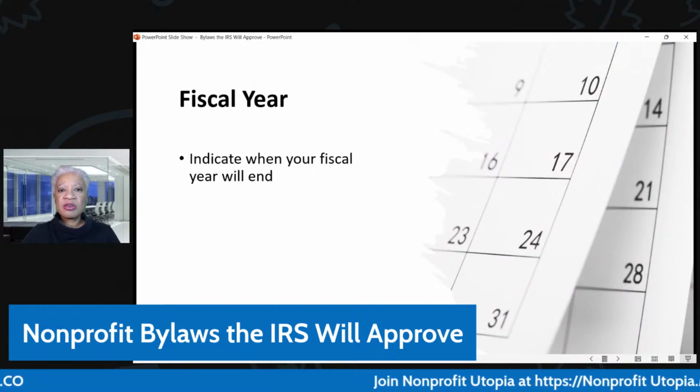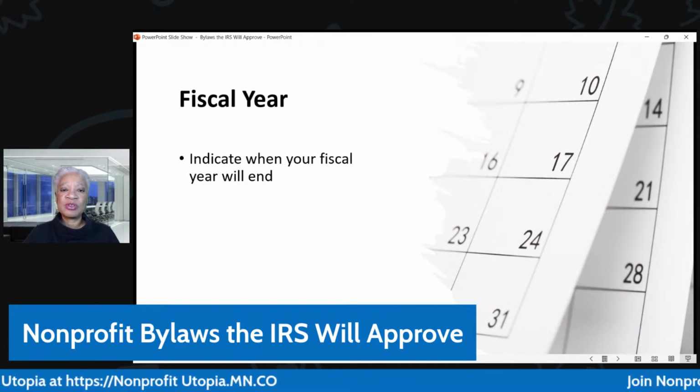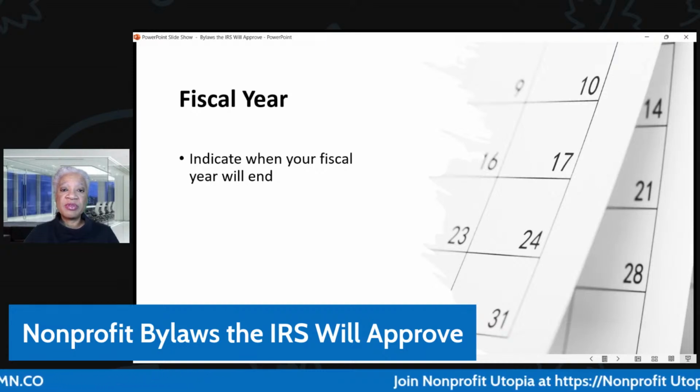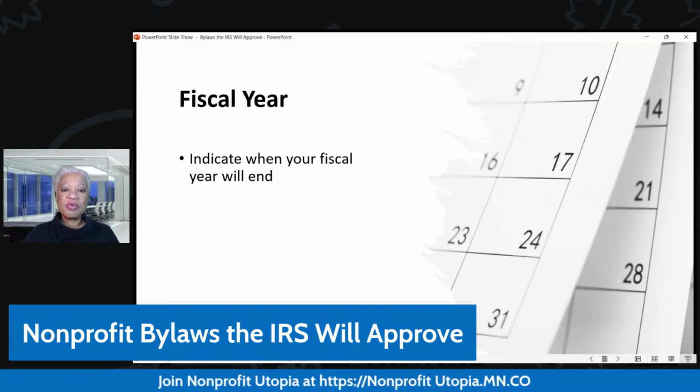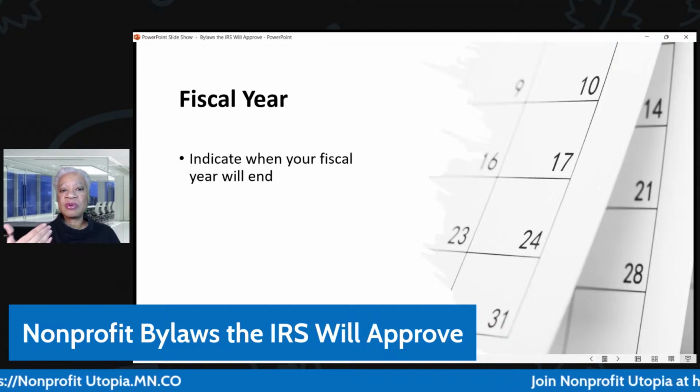You need to also have a section on the fiscal year. So basically, this is going to indicate when your fiscal year will end. Will your fiscal year be the same as the calendar year ending on December 31st? Will it be August 31st? Will it be June 30th? Will it be March 31st? So just indicate when your fiscal year will end.